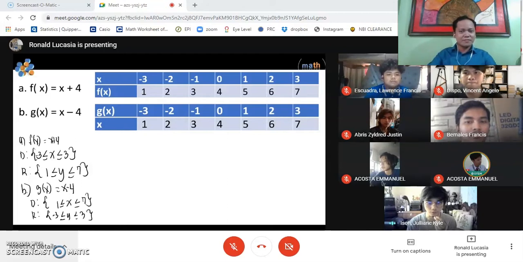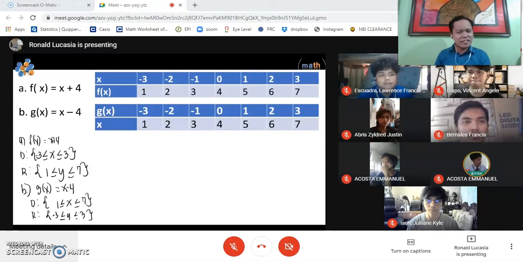The range of the first function became the domain of the second function. Very good. The domain of the function in letter A becomes the range of the second function and vice versa. And what can you conclude with the two given functions? Anyone? Julia, you're raising your hand.